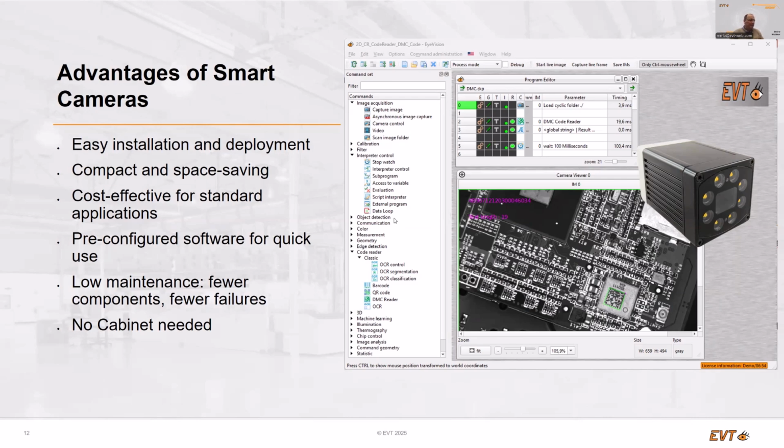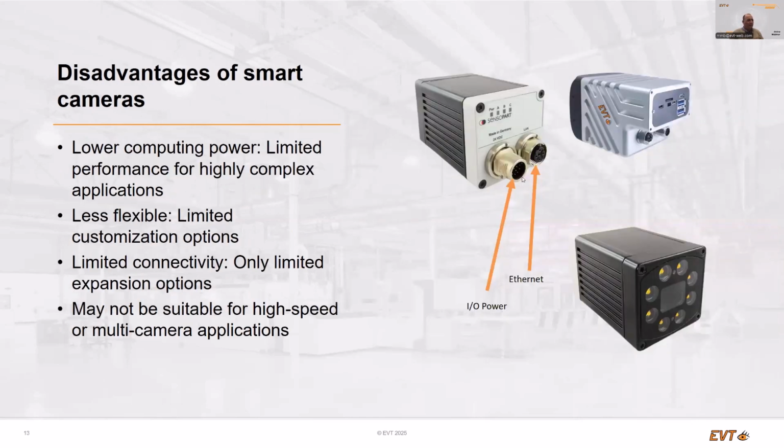You connect the Ethernet connector, and if you only need a good/bad signal, you can use the PLC I/O, which is integrated on the backside here, or you simply use one of the protocols like Profinet, Modbus, and so on to communicate with the machine to generate the good/bad result.